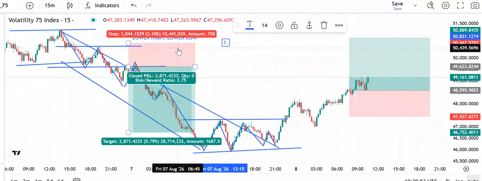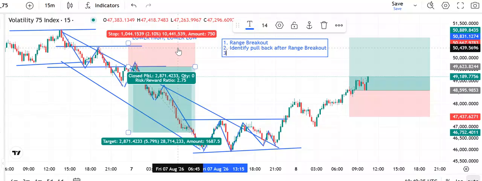The first step is 1, range breakout. 2, to identify pullback after range breakout.